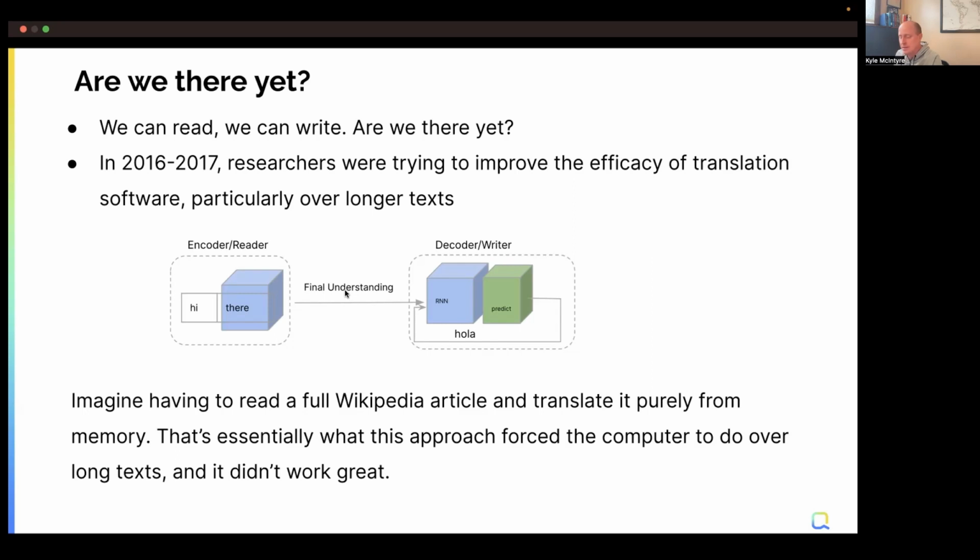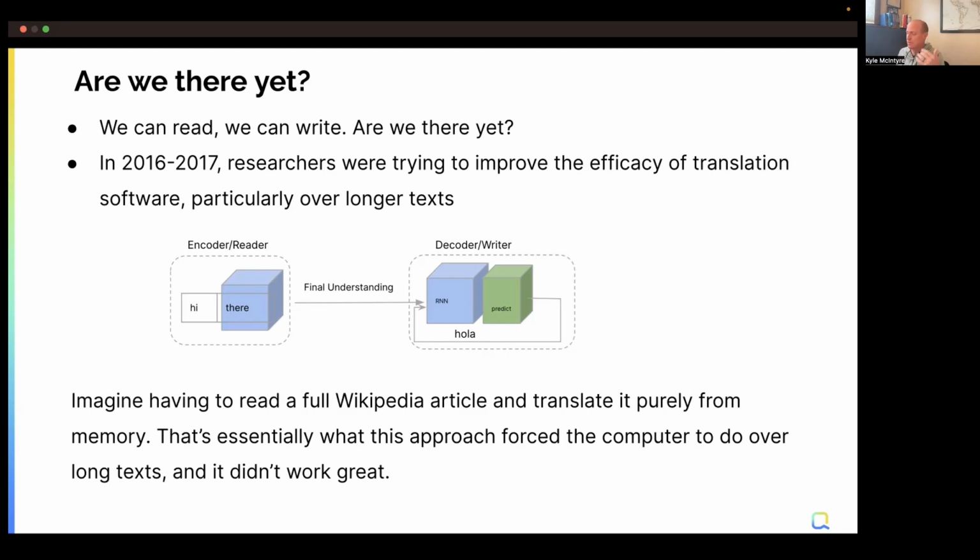So this worked well, but imagine if somebody sat you down and said, okay, I want you to read this entire Wikipedia article, and let's say it's a big one, and then translate it to some language that you know. That's a big challenge if you don't have an eidetic memory.